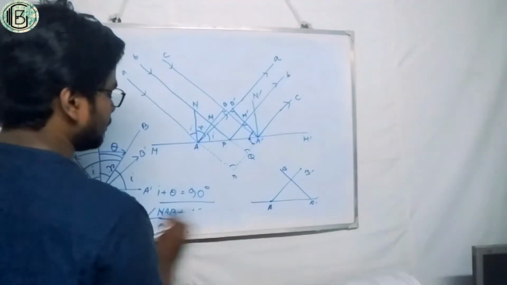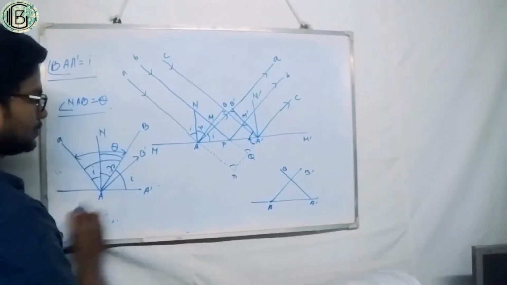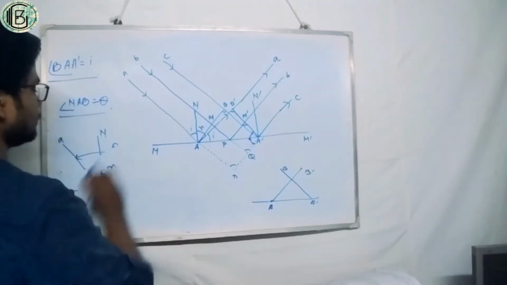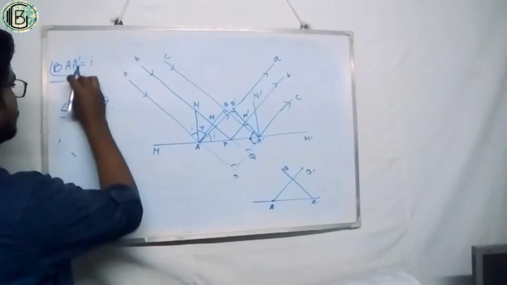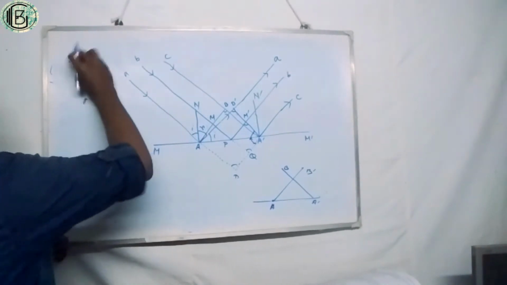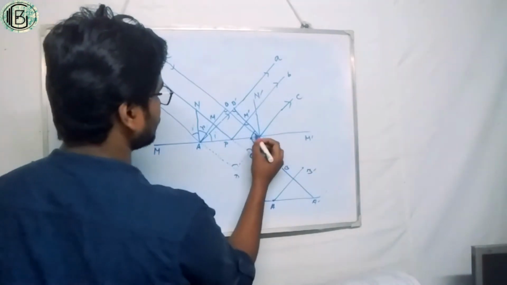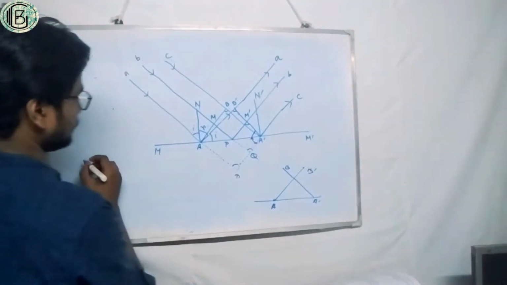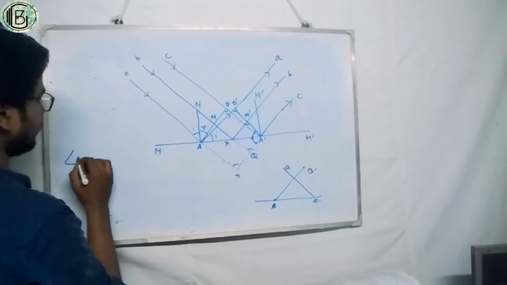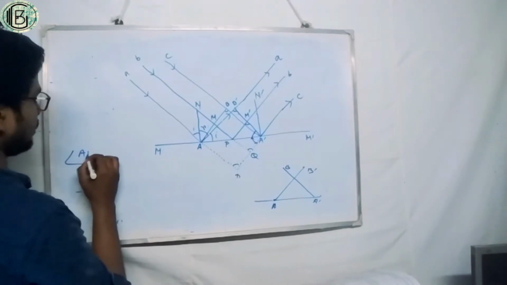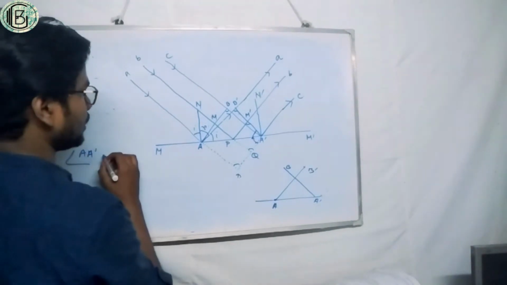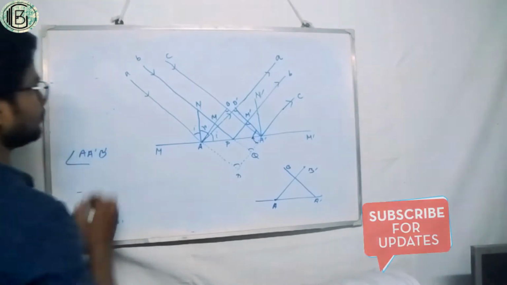Again, we will try to understand another portion. What is this angle? That means angle A prime B prime.